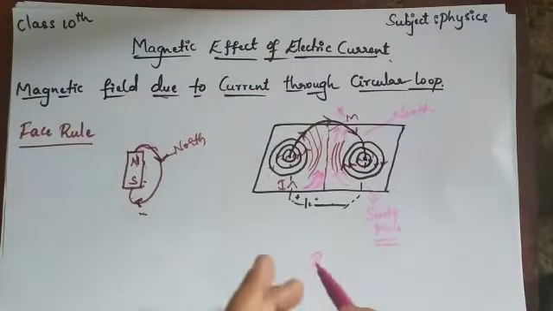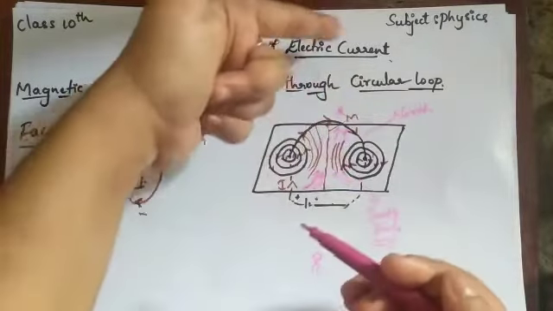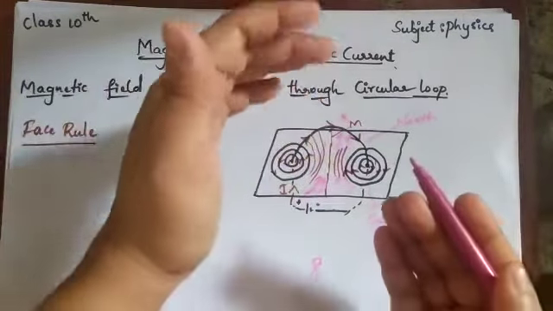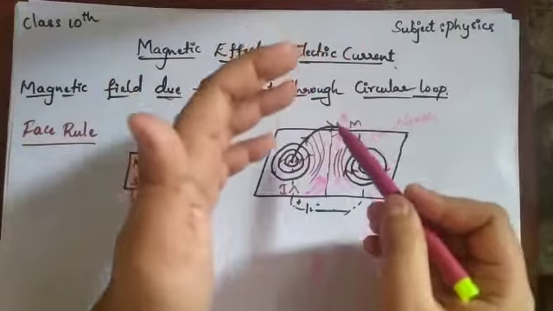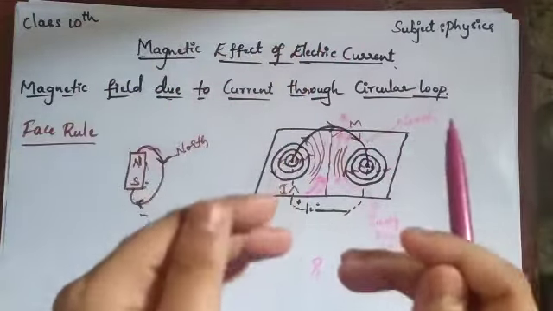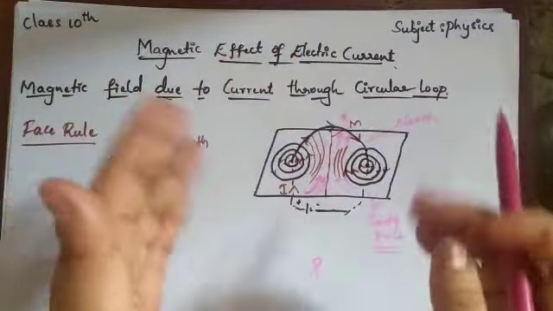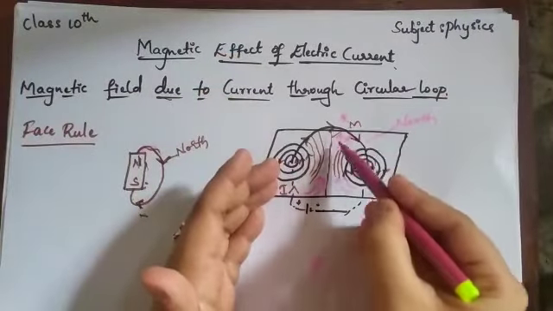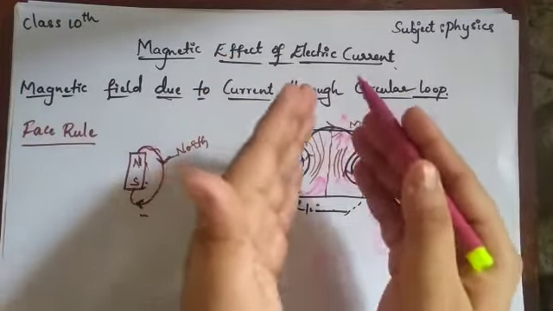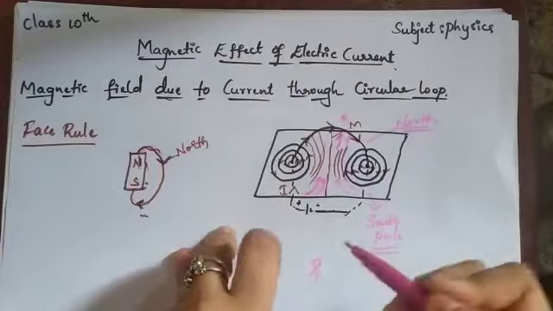If the same person goes to the opposite side of the table, he can see the magnetic lines moving outwards, coming towards him. That position shows the north direction.